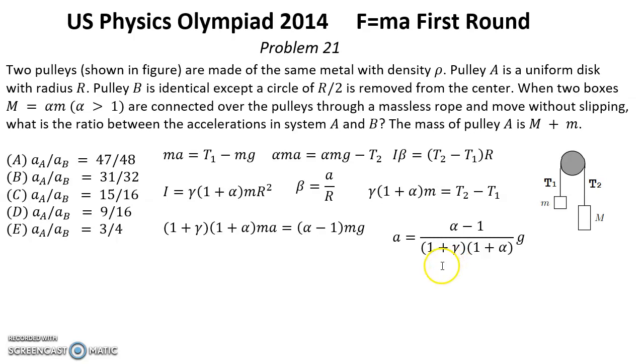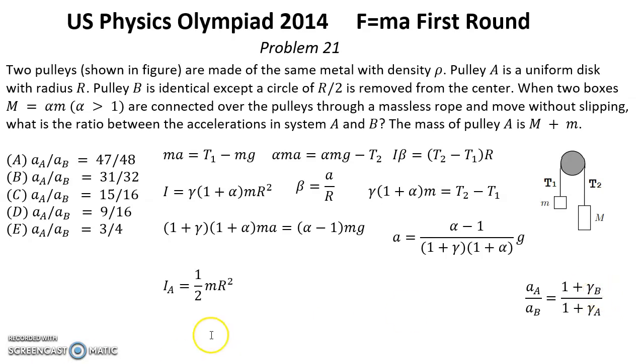And now we can write the relation between A_A and A_B. For this relation we have this expression, which depends only on gamma for both pulleys.